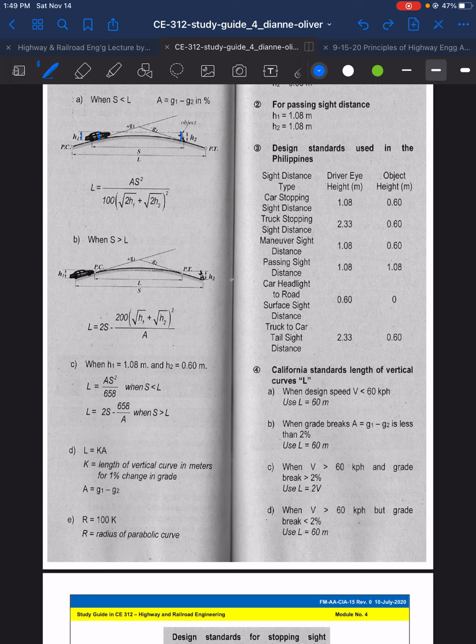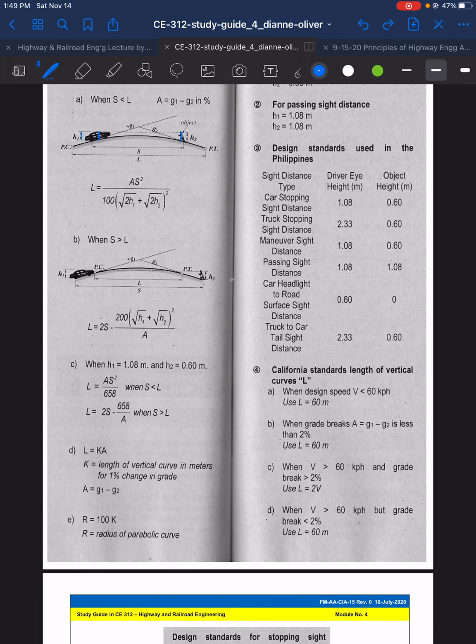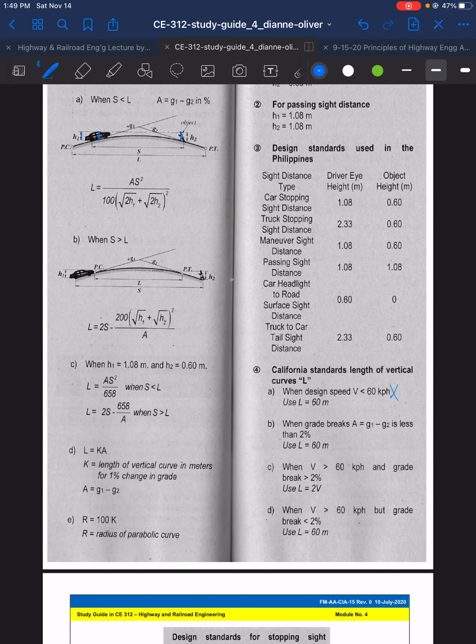If speed is 100 kph, so not this one. A, what is the value of our A a while ago? Our A here is 1.5%. So when grade breaks, A is equal to G1 minus G2 is less than 2%. Okay, so we can use B.